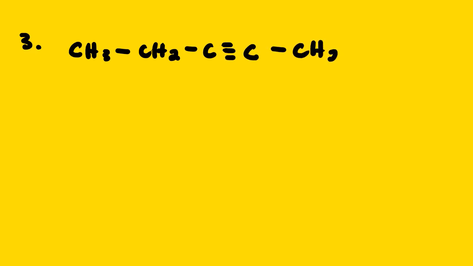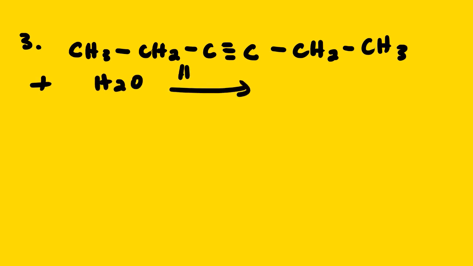Let us do the next one. Let's say we have CH3, CH2, C triple bond C, CH2, and CH3. We react this with water in the presence of HgSO4 and H2SO4.